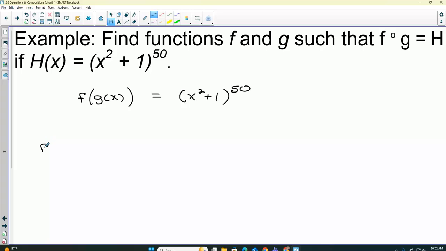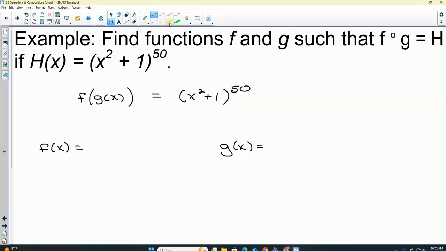I am asking you to find out what f of x and g of x were to begin with, the original functions. Now, on these problems, there are multiple correct answers. You just have to have one equivalent answer. So what could my functions f and g have been so that when I compose them, I get this?